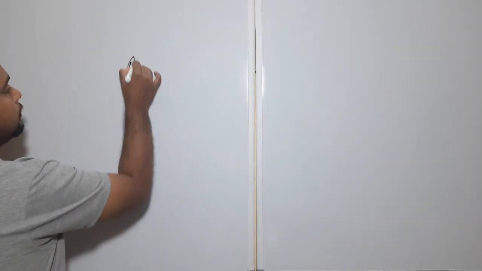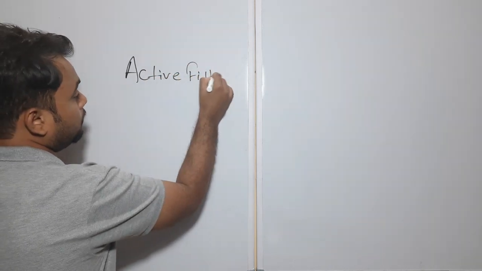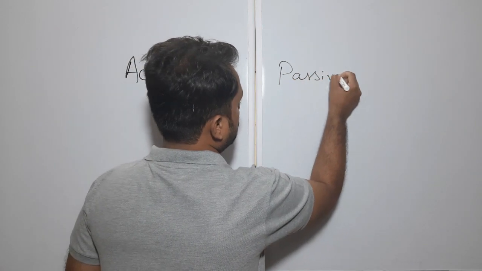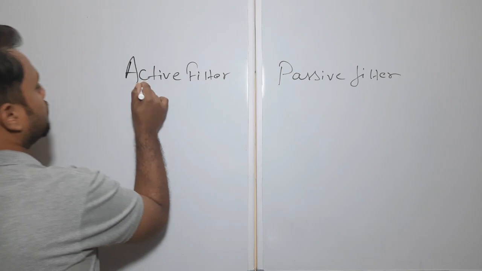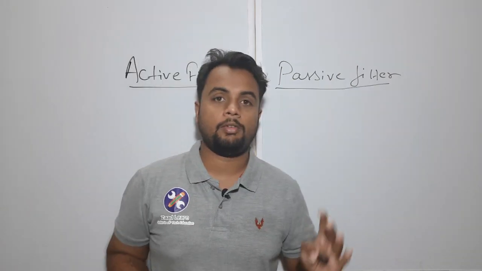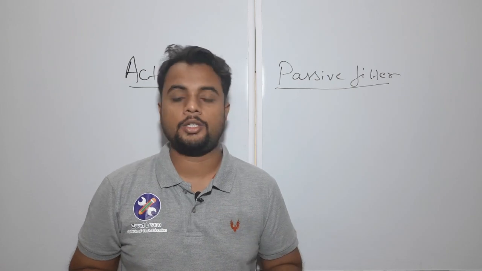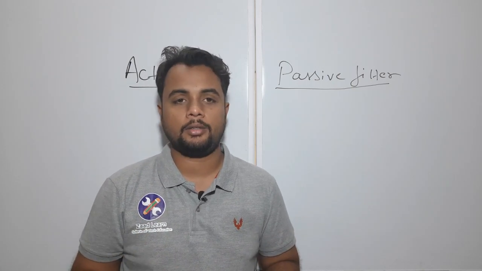Generally, there are two types of electronic filter. One is your active filter. Another one is your passive filter. Now we already know the difference between an active and a passive circuit. Active is a circuit which consists of op-amps and transistors, and passive is a circuit which consists of resistance, inductance and capacitance.